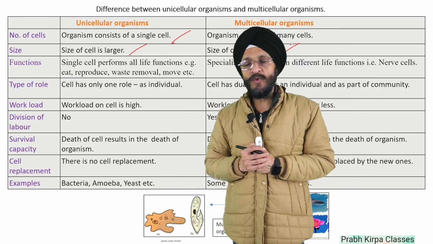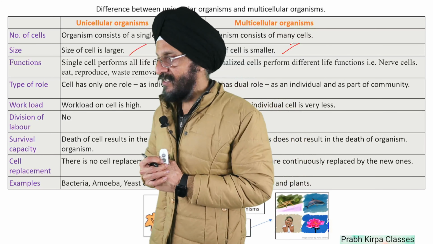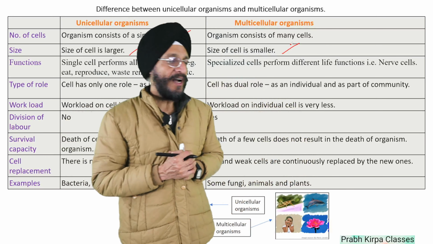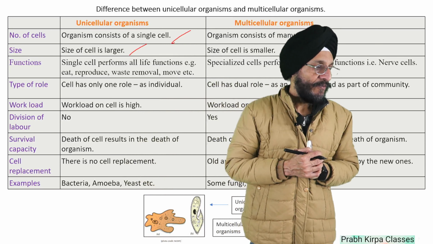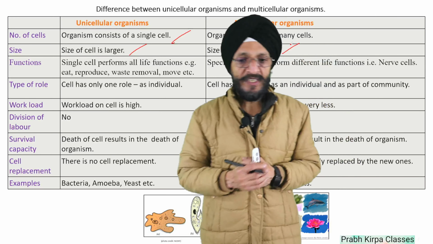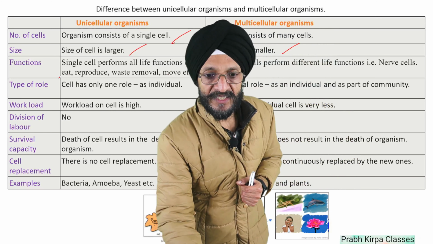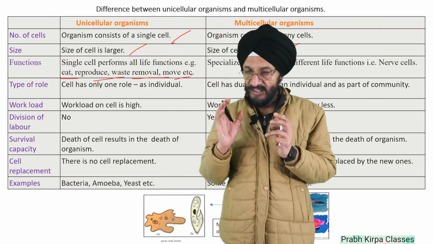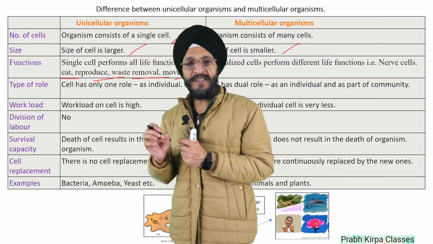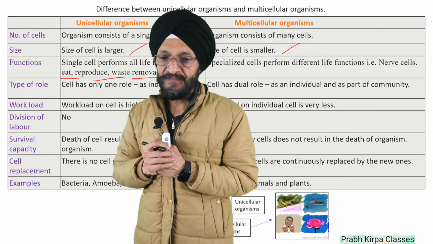Now, the next point is functions. As the unicellular organism has a single cell in its body, all the functions which are necessary for life, such as eating, reproduction, waste removal, moving, etc., are performed by the single cell.